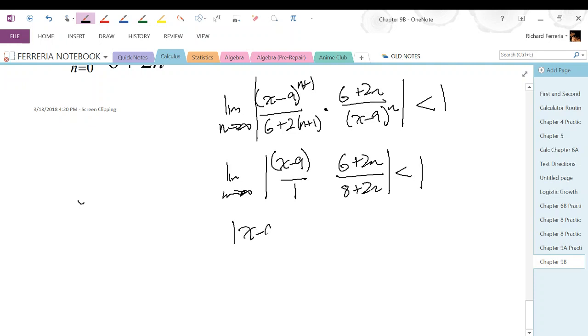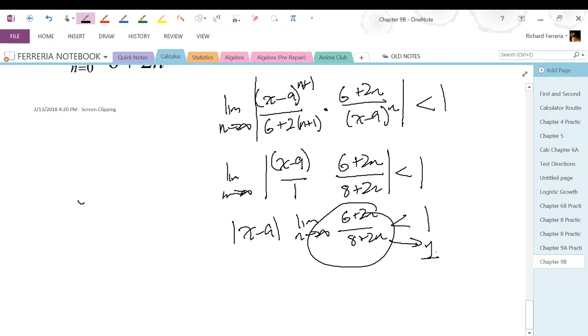Clearly that x minus 9 gets to escape. And then you have 6 plus 2n over 8 plus 2n. This limit goes to 1. So the absolute value of x minus 9 is less than 1.